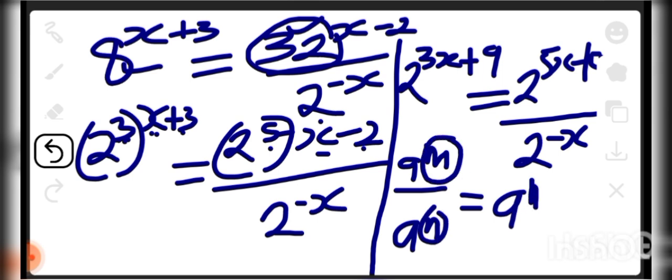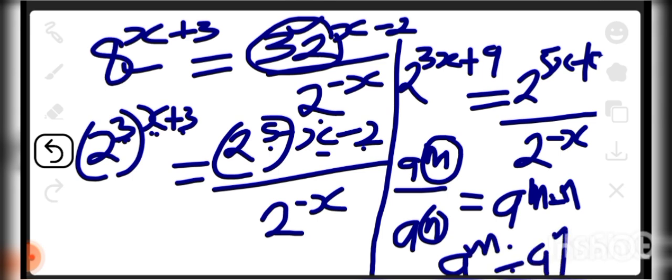You just subtract the powers. You can also write it this way: a raised to power m divided by a raised to power n is still the same thing. We still give you this answer, a raised to power m minus n. So we are going to apply that rule now to resolve what you have here.